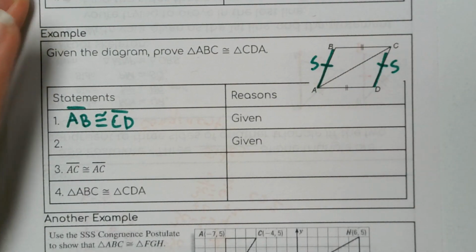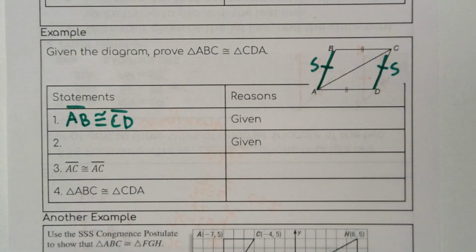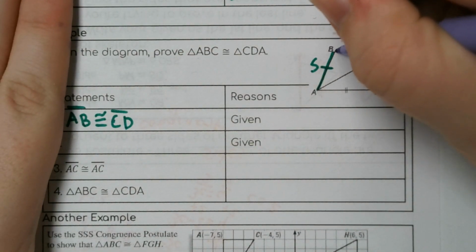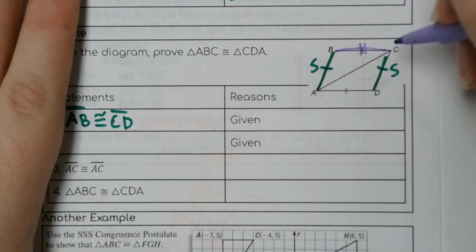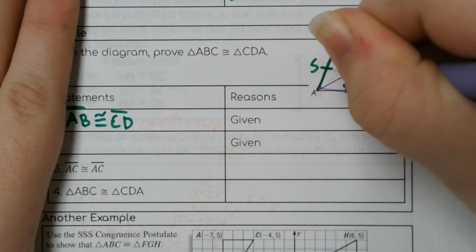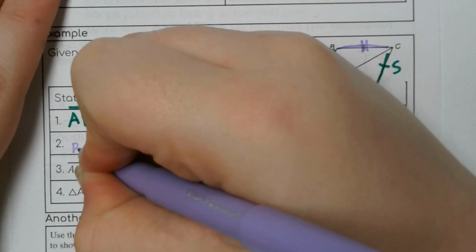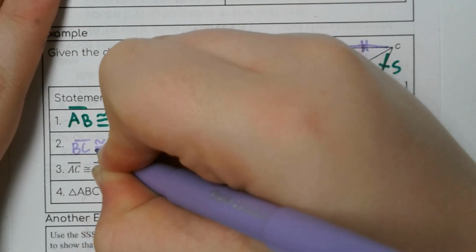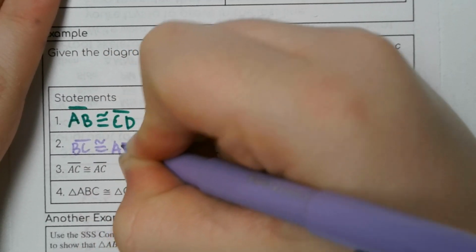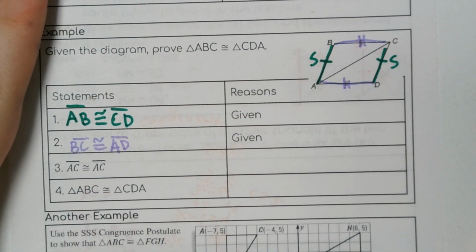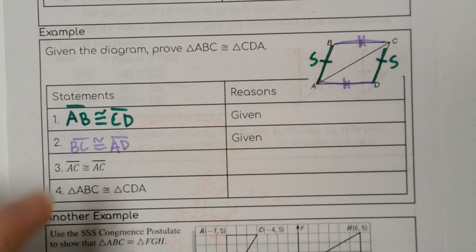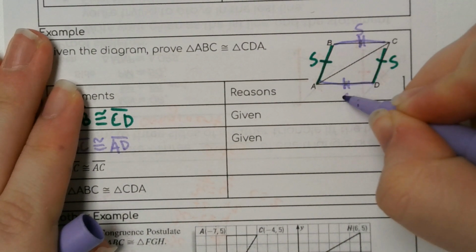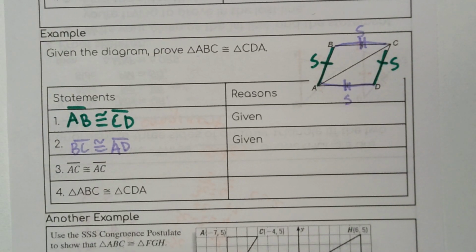I'm also going to label those with S's. We're also given that BC is congruent to what side? AD. Good. So BC is congruent to AD. That's also given to us because it has the 2 tick marks. And you also want to put S's with those because those are sides.